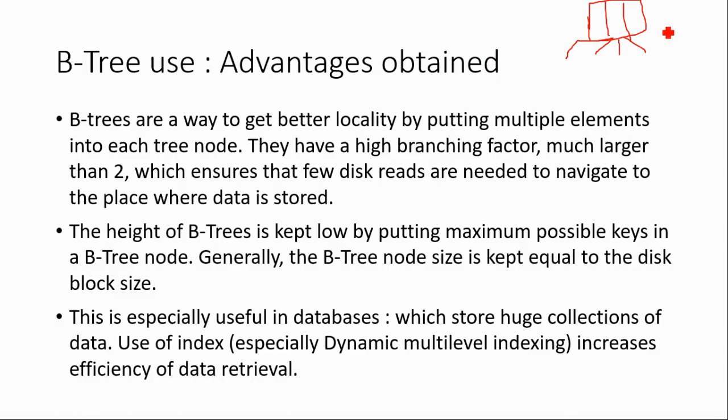So the number of disk accesses, secondary memory accesses, will be lesser. So this first point also tells us that BTs are a way to get better locality by putting multiple elements into each tree node.